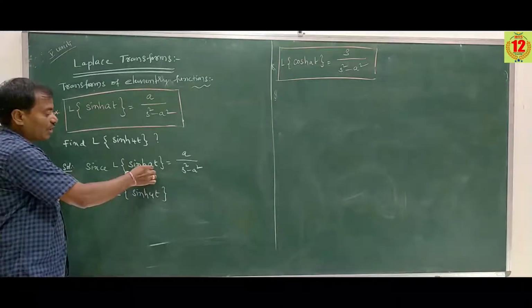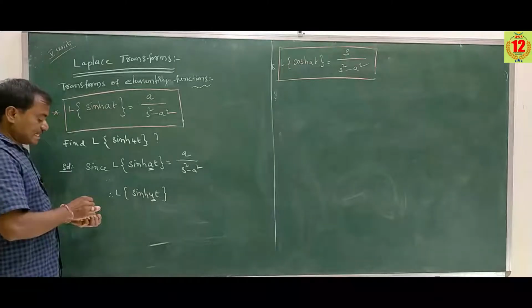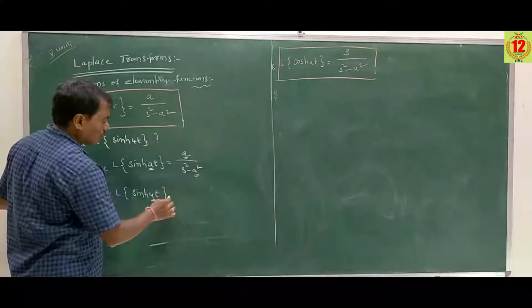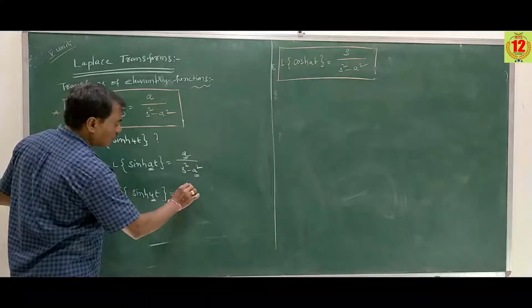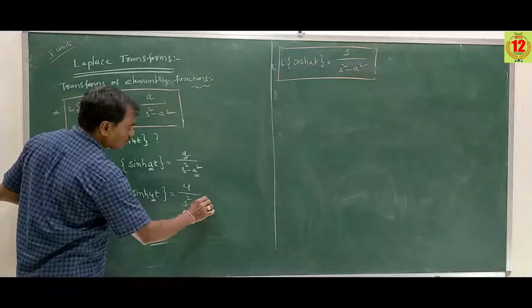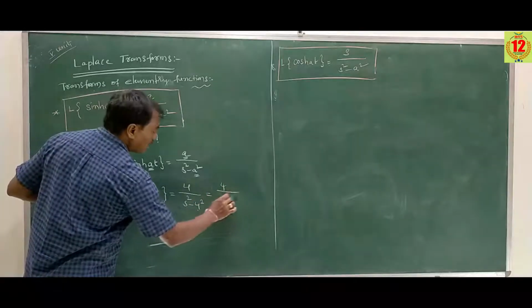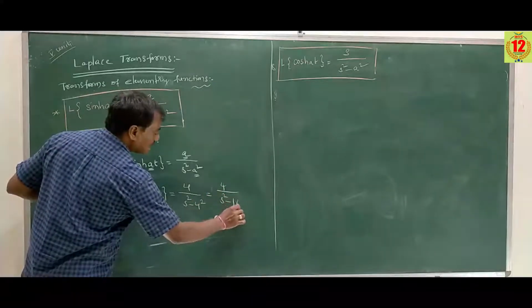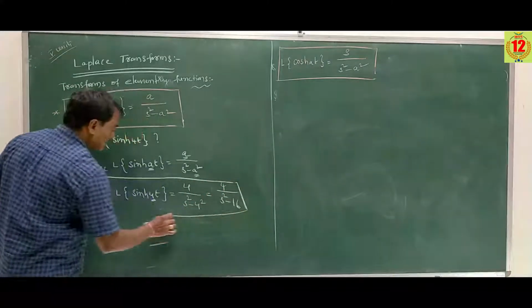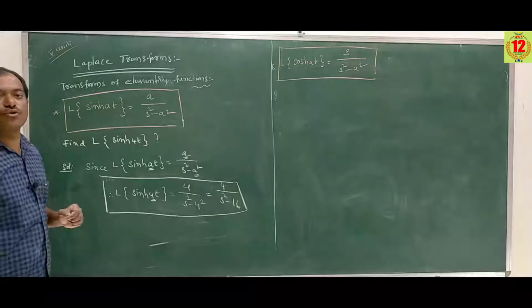So a equal to 4. In the right hand side we substitute a equal to 4, giving 4 by s square minus 4 square, which is 4 by s square minus 16. So this is the Laplace transform of sinh 4t.